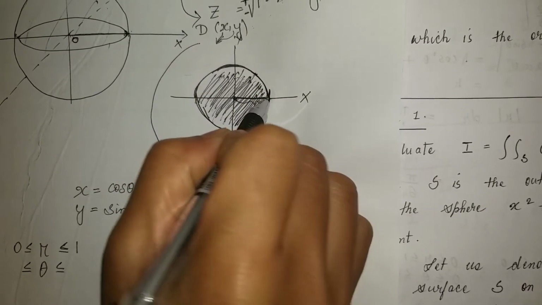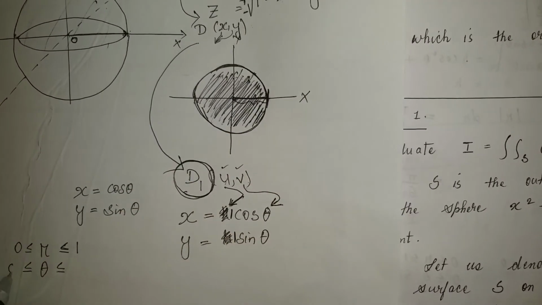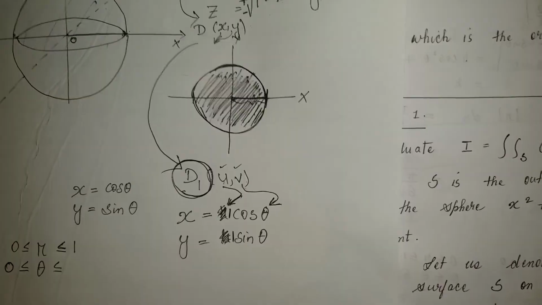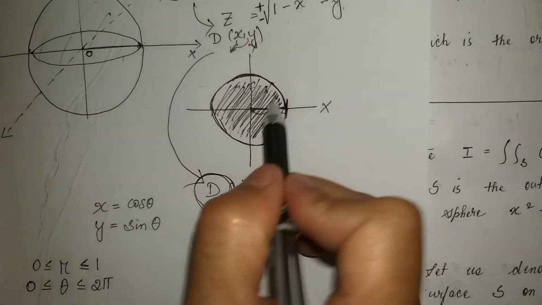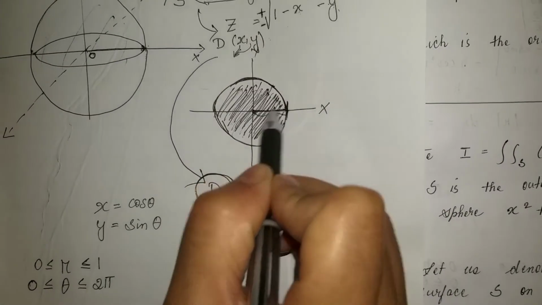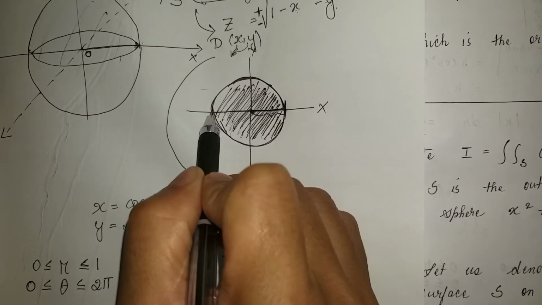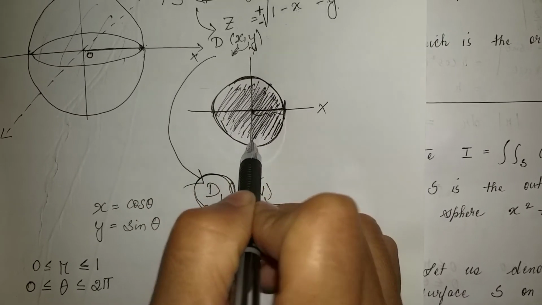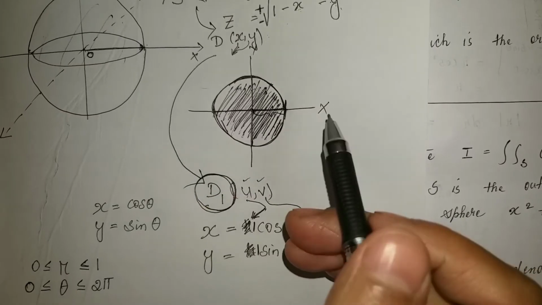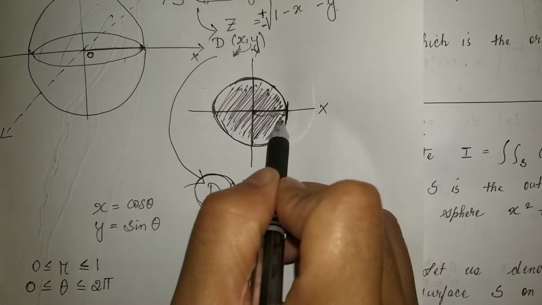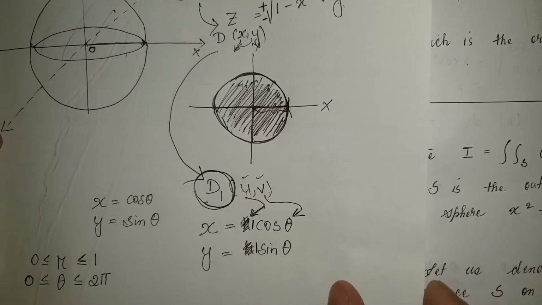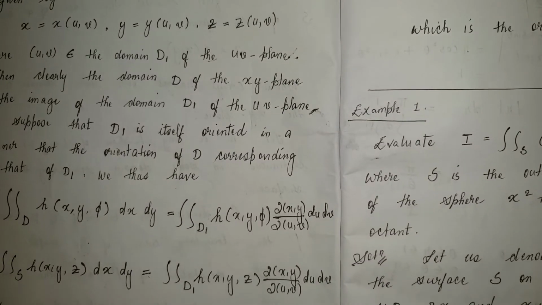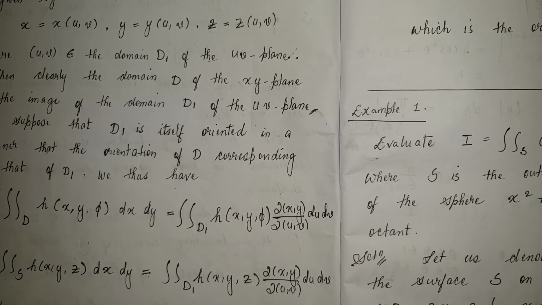It will vary from 0 degrees to 2 pi. Here is 0, here is pi by 2, then pi, 3 pi by 2, then we're coming to 2 pi. Then we have this equation.